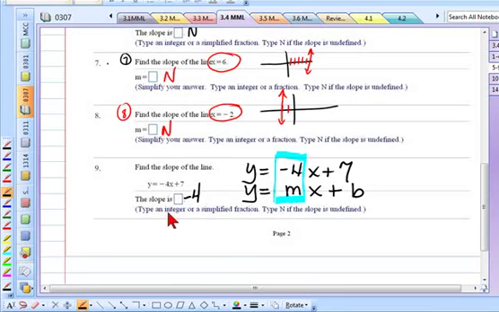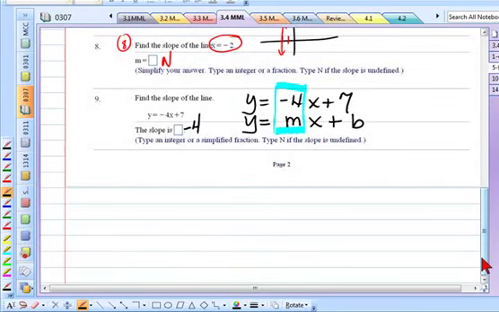The slope of the line, when the line is written in the y equals something times x plus or minus another number, the slope is simply the coefficient of x. What that tells you about the line is, if you were sitting on the line, and where might you be sitting on the line? I'm giving you a little preview into a future lesson.